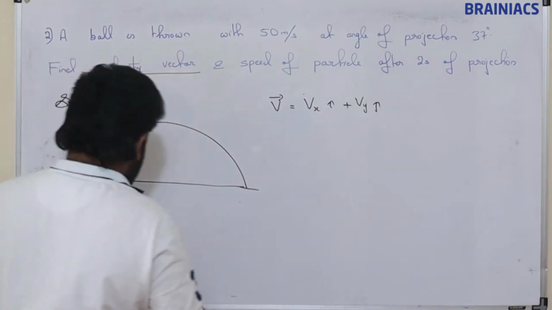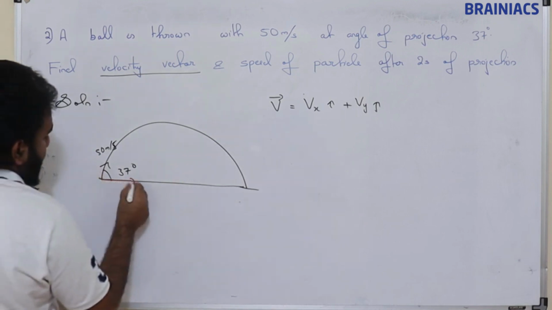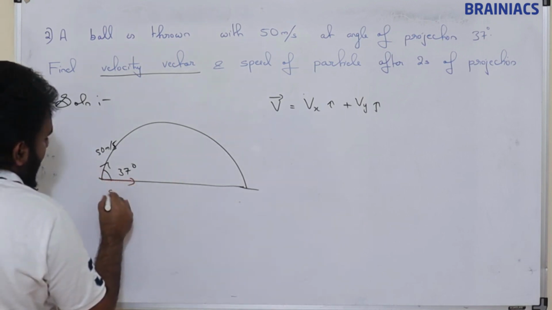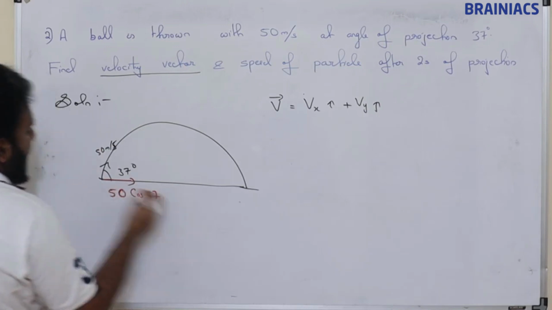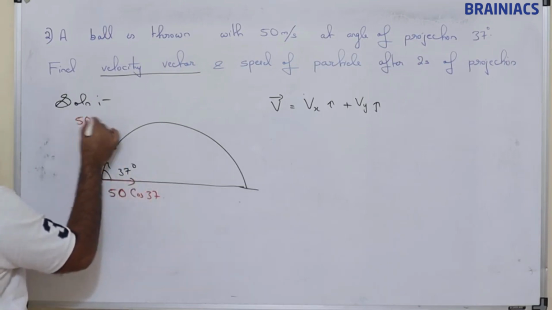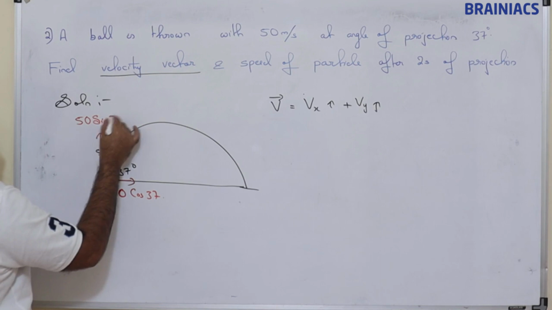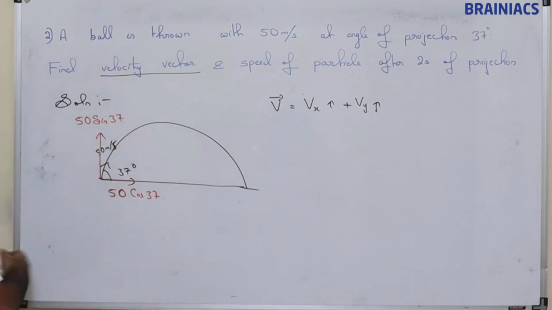So what will be Vx? Suppose we resolve this vector, this is going to be 50 cos 37 as the initial horizontal velocity, and 50 sin 37 is the vertical velocity.